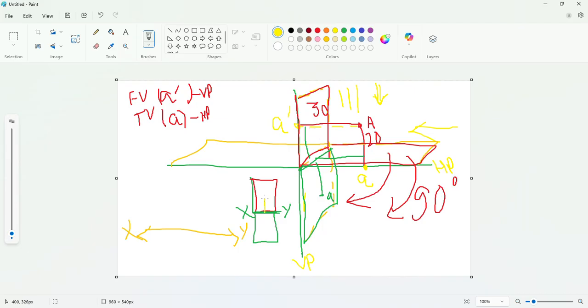So draw a line and mark a point. This point is denoted by A dash, and this top view, which after rotation comes to the downward side, is 30 mm below the XY line and is denoted by A. So this is nothing but the projection of point A.